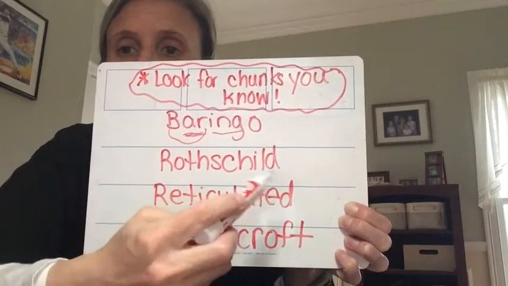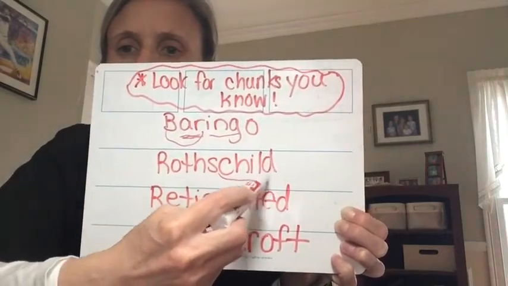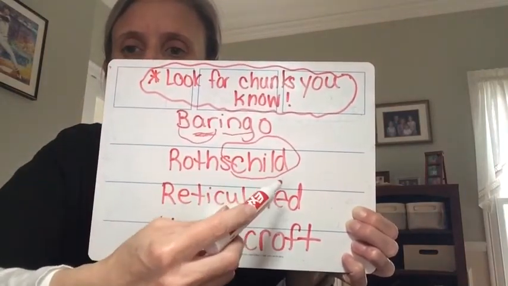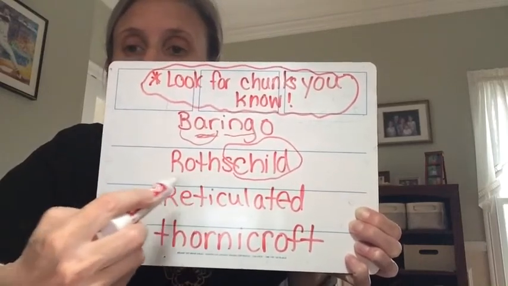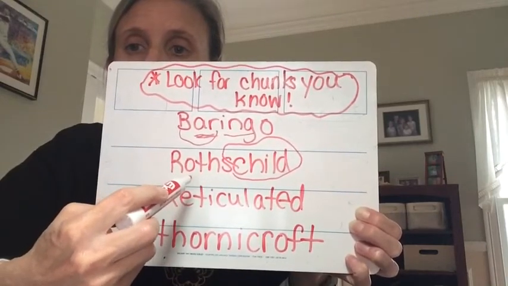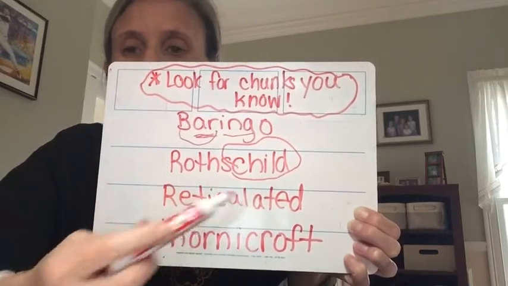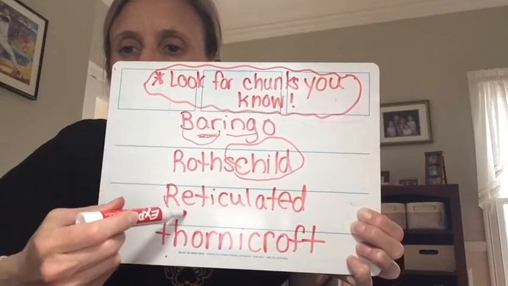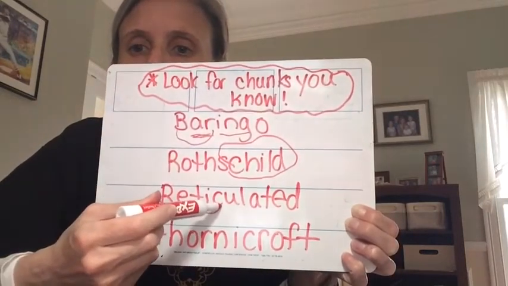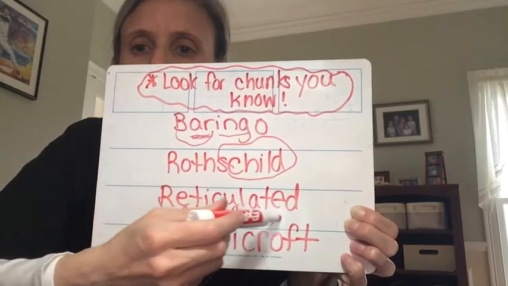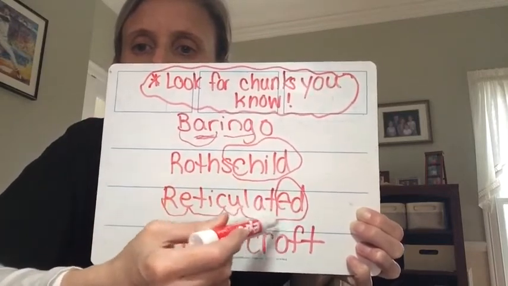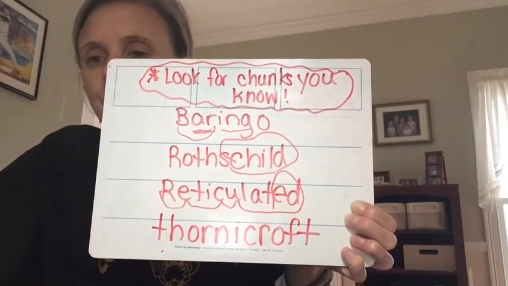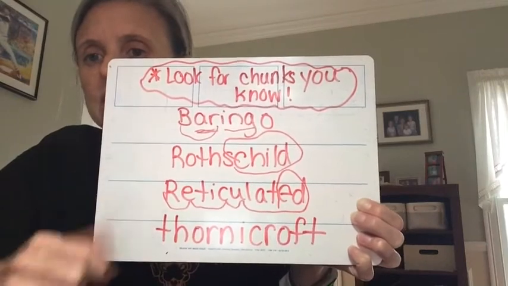This is another type of giraffe, and I see right away, oh, I know this word. This says child. So then I'm just going to put the beginning chunk with it. Rothschild. Okay, and lastly, actually, two more. Reticulated. This one's a little trickier, but I see the word late there. And usually re is a prefix, so reticulated.